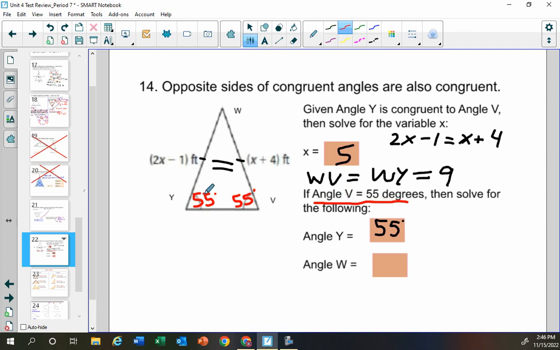So angle W is going to be 70. How did we get 70? 55 plus 55 is 110, and the total is 180. Very good. 180 minus both of the 55s.